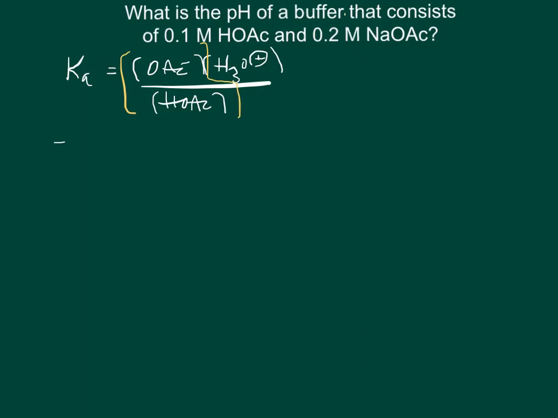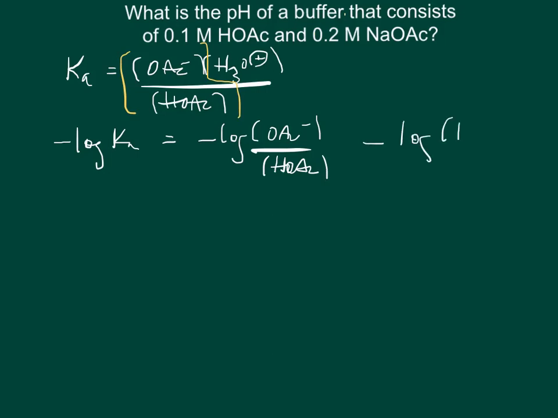And so we can say that this is minus log Ka equals minus log OAC minus divided by HOAC, minus log H3O plus.